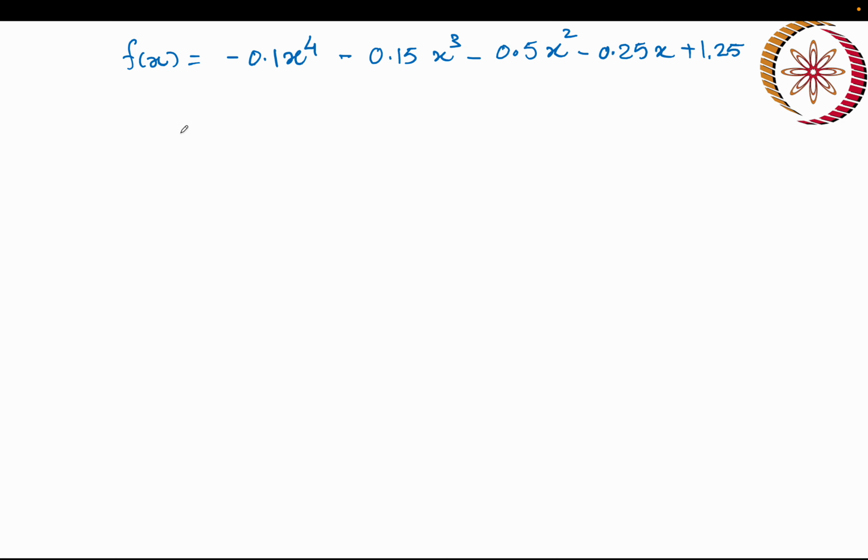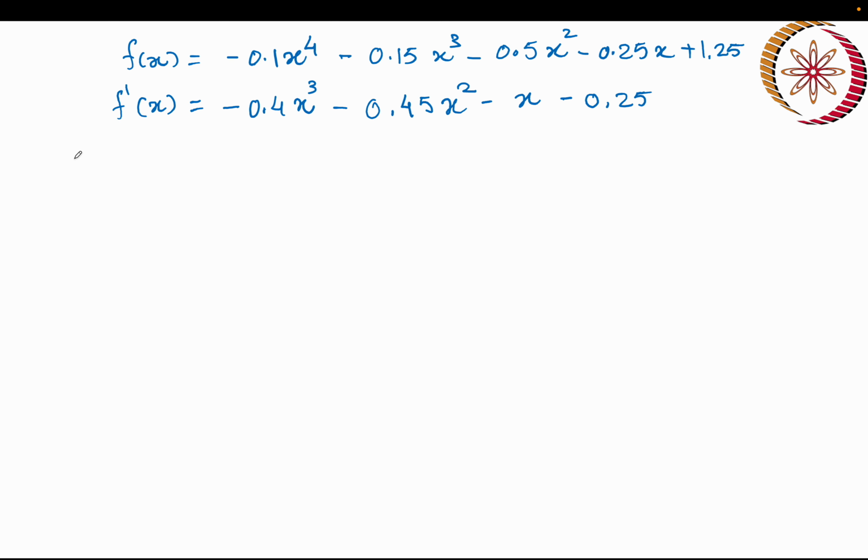Okay, so this is the function, and we can differentiate this directly with x. So if we differentiate, it will be minus 0.4 x cube minus 0.45 x square minus 1 into x minus 0.25.